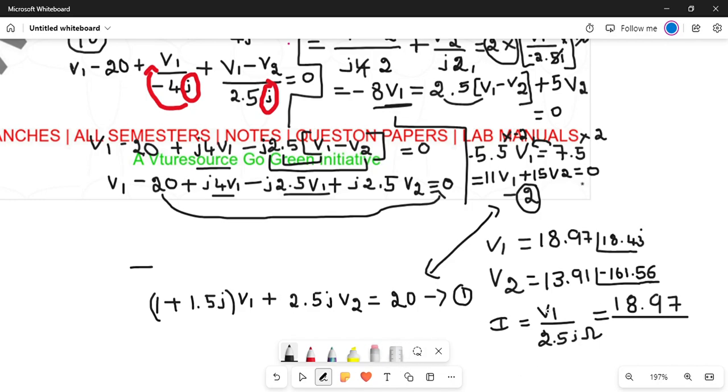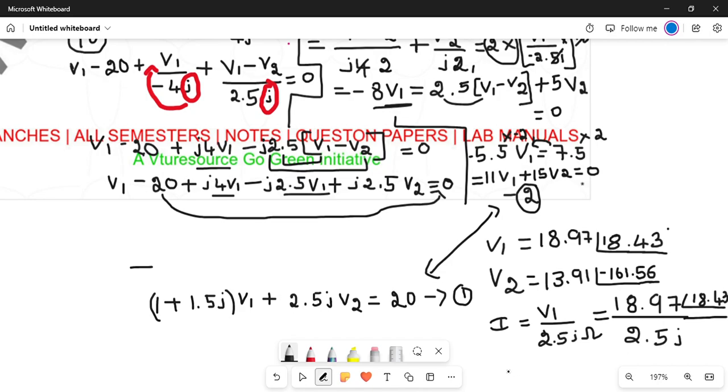Let's write this neatly. So this is at an angle of 18.43, divided by 2.5 j.